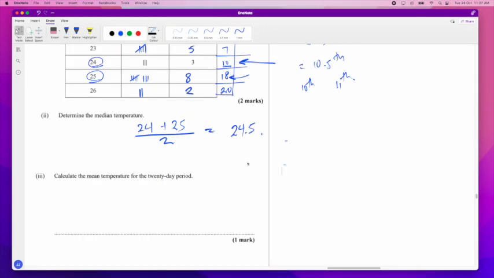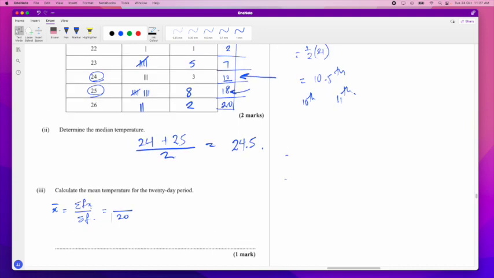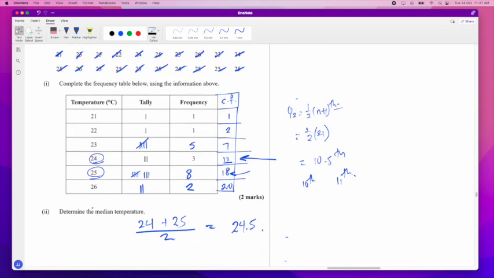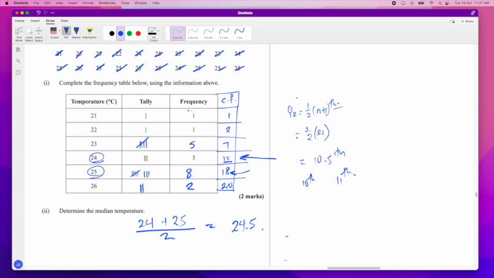So we know the mean for a frequency distribution of ungrouped data is the summation of fx all over the summation of f. So I know the summation of f from the cumulative frequency is 20, but I need to find the fx. So I need to take this frequency and multiply it by x.